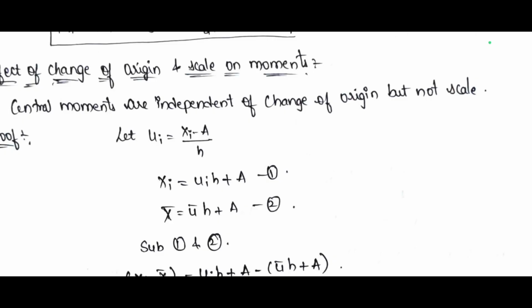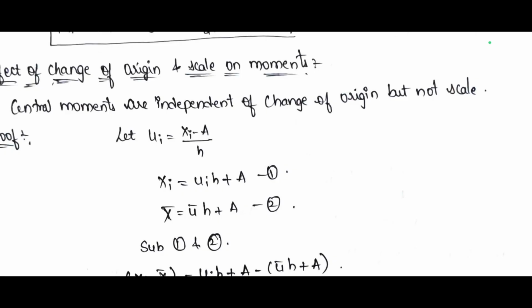So we are subtracting a constant a from that x variable, and we are changing the origin of the x variable. Next, coming to the scale change. What is change of scale? Multiplication or division of that variable.